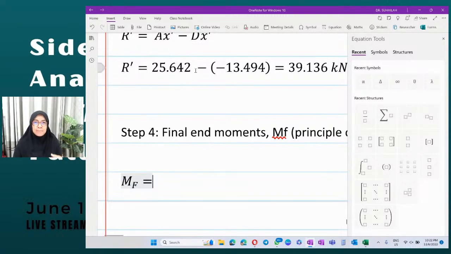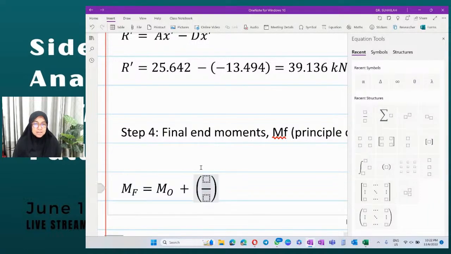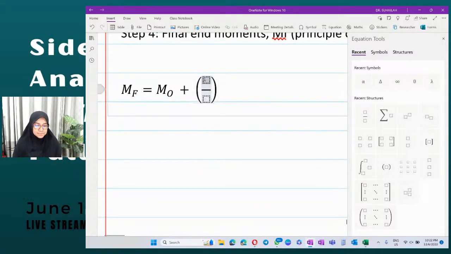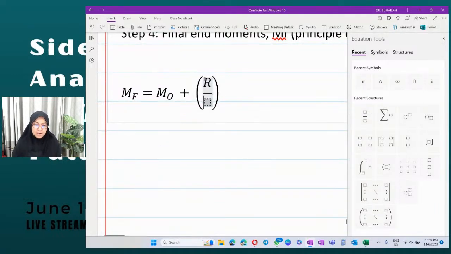equal to M naught, the end moment from table 1, plus the correction factor. The correction factor is R divided by R prime.